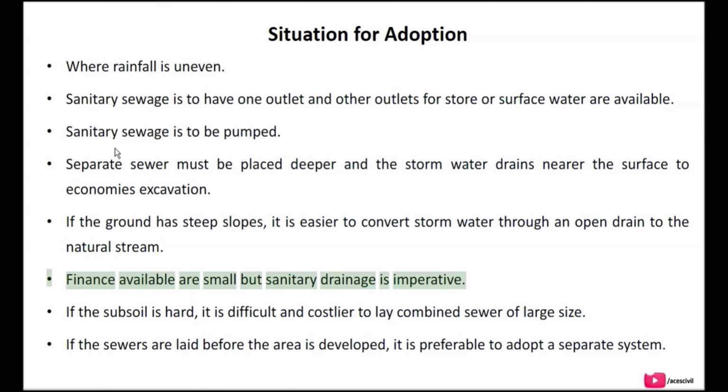Finances available are small, but sanitary drainage is imperative. If the subsoil is hard, it is difficult and costlier to lay combined sewers of large size. If the sewers are laid before the area is developed, it is preferable to adopt a separate system.